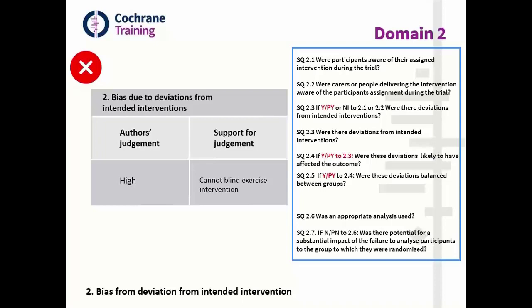So if you only think about blinding, then you'll be ignoring one of the main aspects of this domain, which is deviations from interventions. There are 7 signalling questions for domain 2, and only 2 of those are about blinding. And as I said, it's really important to go through each of them and use the answers for each of them within the algorithm to get to your support for judgment.